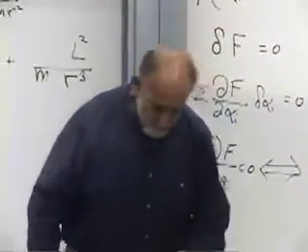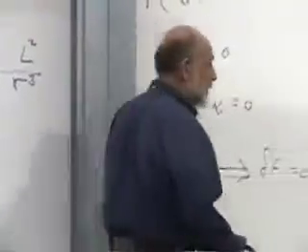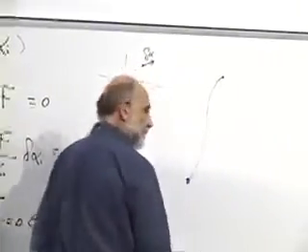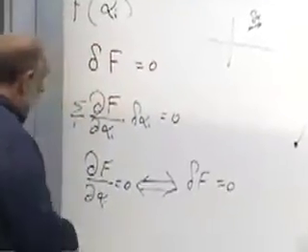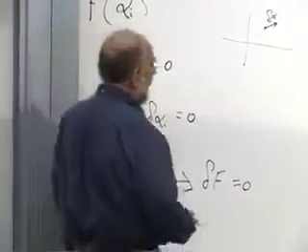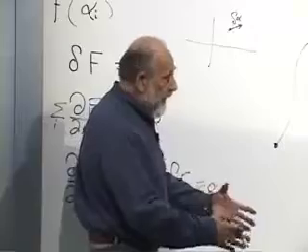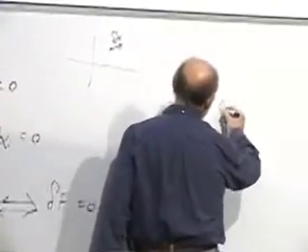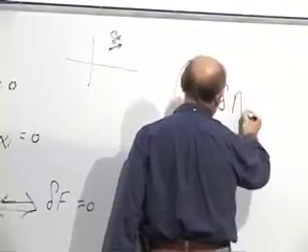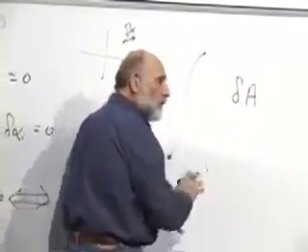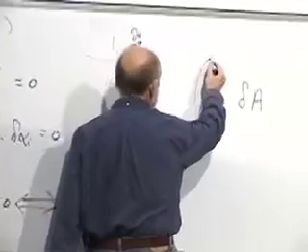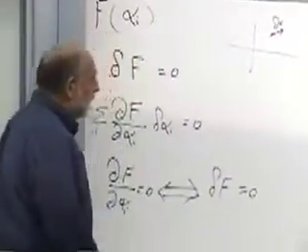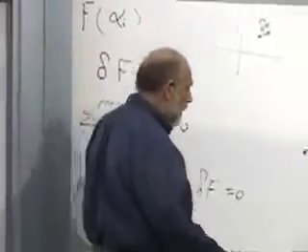As an example, we studied the principle of least action. Here's a trajectory. And what we wrote was that the action is a minimum with respect to any variation. And one way of writing that is just to say that the change in the action with respect to a small change in the trajectory, make a small change in the trajectory, the variation of the action is equal to 0.